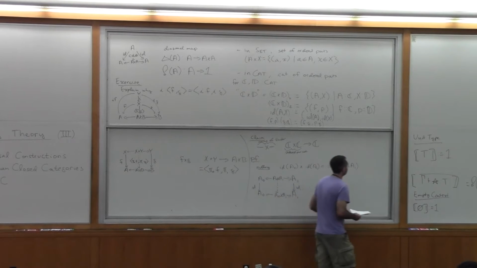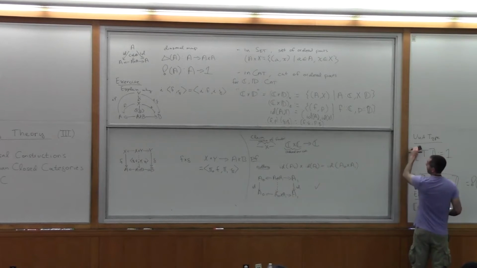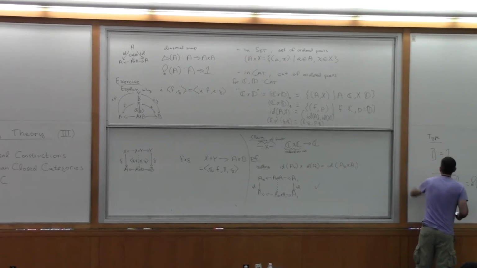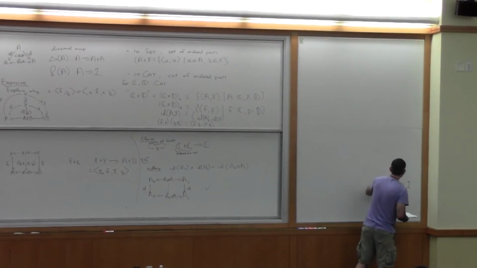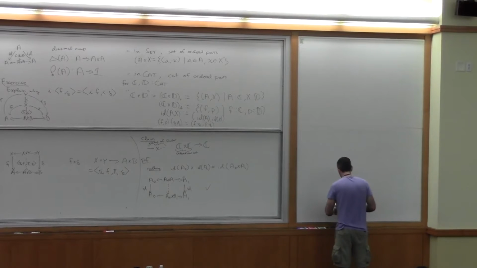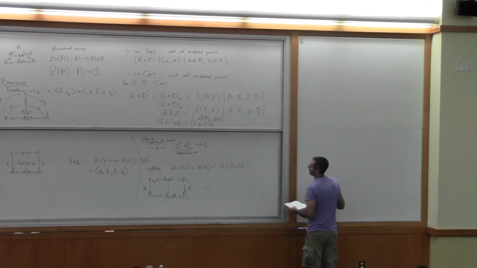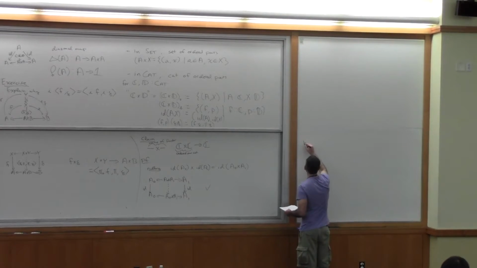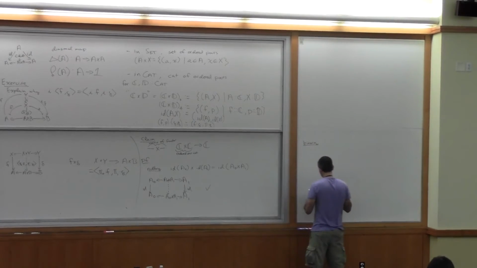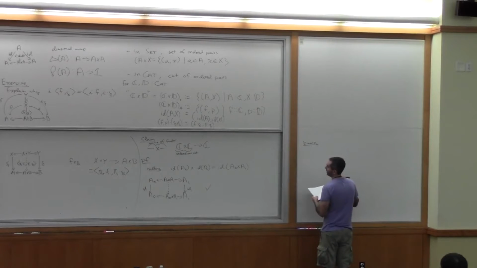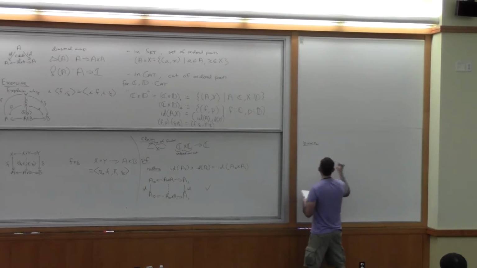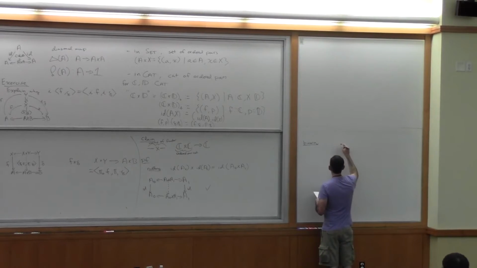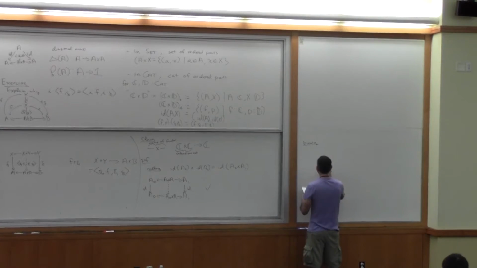And now we have to do the composition case. I guess I'll do it over here. So what do we have to show here? Binary case. Okay, so we have to show that, okay, let me draw the diagram because otherwise it's going to be hard to see.